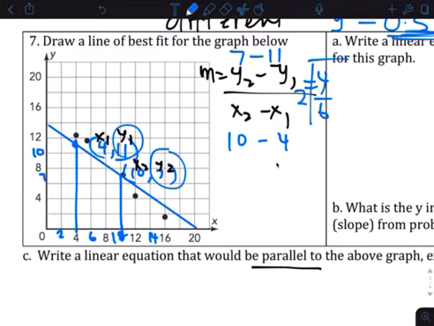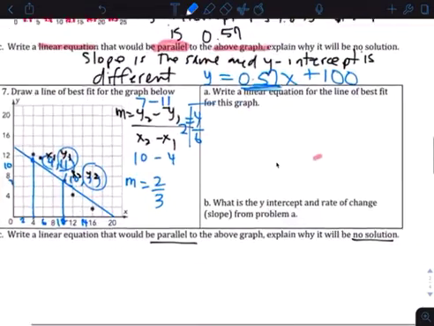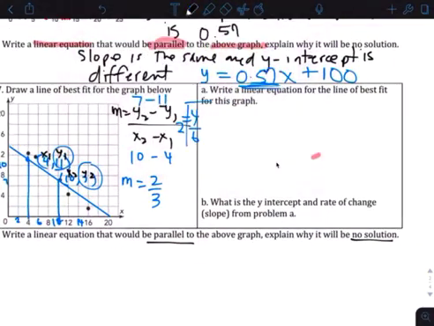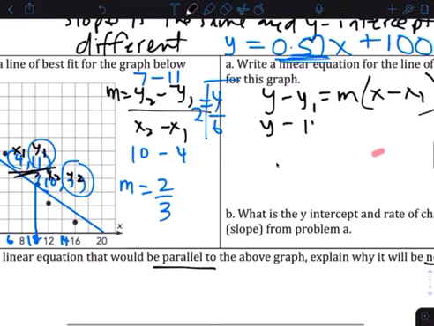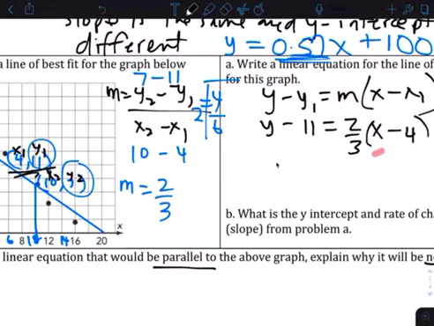Divide by 2, you get m is 2 over 3. Okay, and to write an equation of a line for the line of best fit, you write y minus y sub 1 equals m parentheses x minus x sub 1. So based on your numbers here, this is what you put. Y minus 11 equals m, which is 2 over 3, x minus x sub 1, which is 4.